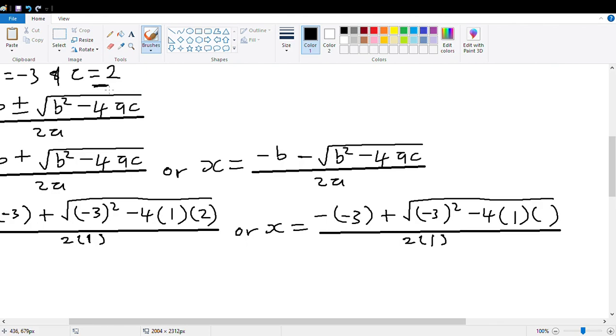Can you see that? So we substitute the value of c, which is 2.